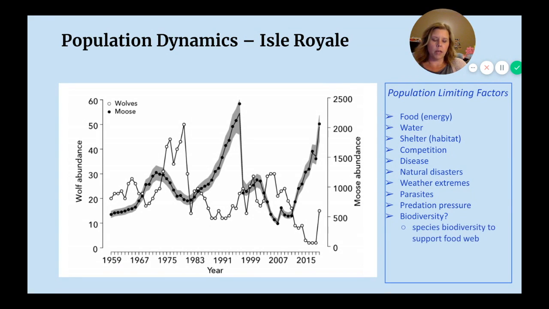All right, let's talk again about two of the types we mentioned earlier. Species biodiversity. Remember how species biodiversity supported the food web. So if there is low species biodiversity, is there potential for there to be decline in a population or for a population to be kept in check below the carrying capacity because of that low biodiversity?